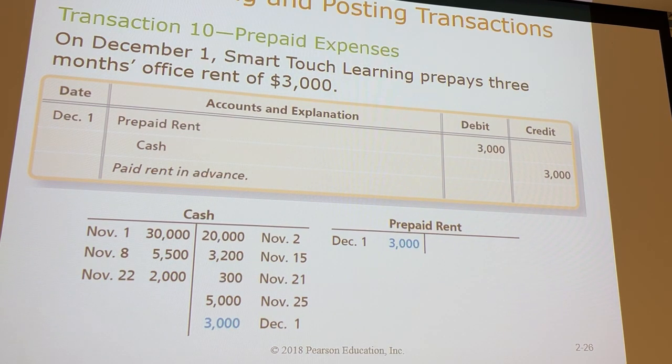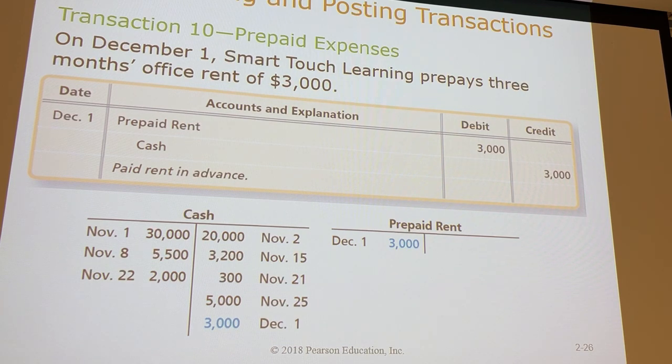Okay, on December 1st, Smart Touch Learning prepays 3 months office rent of $3,000. This is a topic that we're going to talk about a lot next week in chapter 3. So I don't even know why the authors get into this in chapter 2. But basically, if you're prepaying rent, it doesn't count as an expense because you haven't used up the rent yet. An expense is something you use up, right?